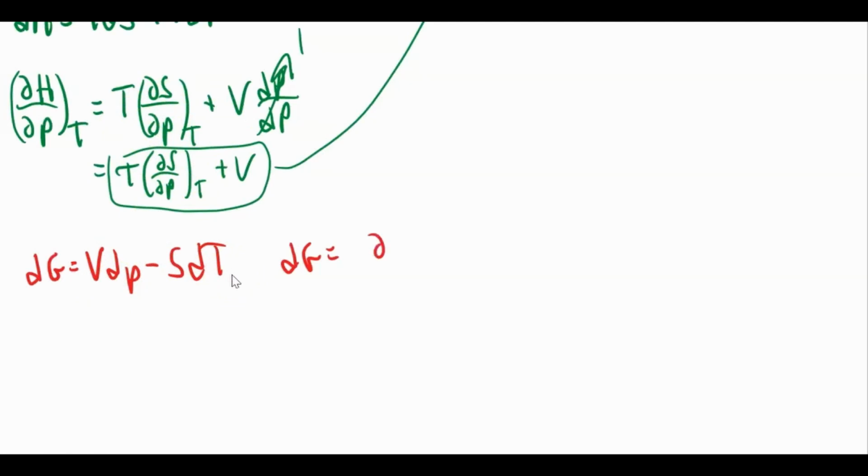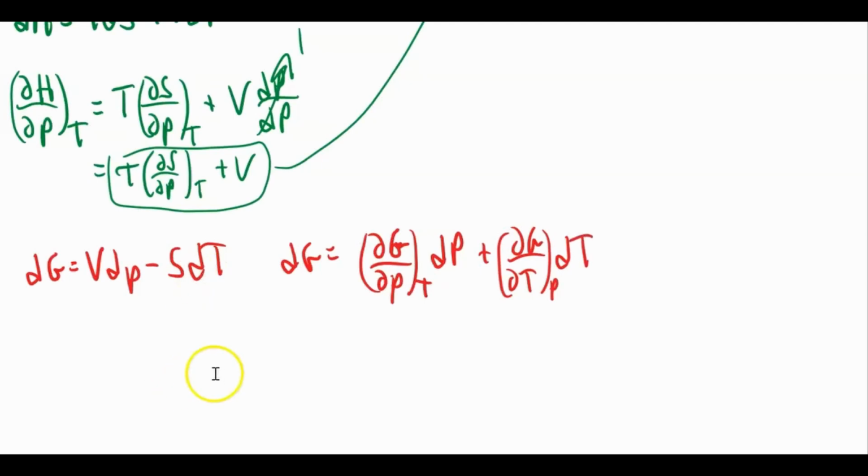So dG equals the change in G with respect to P, holding temperature constant, dP, plus the change in G over T, holding pressure constant, dT. So this is our definition of an exact differential.